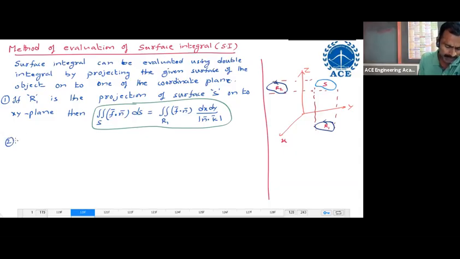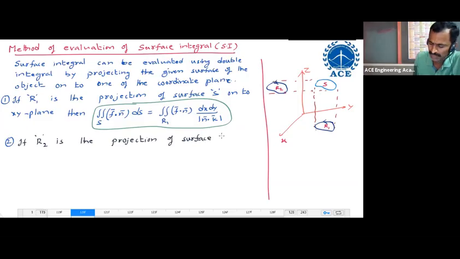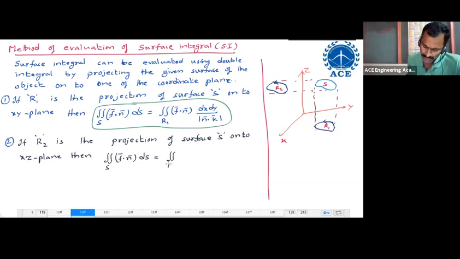Next, second point. If R2 is the projection of surface S onto the xz plane, then double integral over S of f bar dot n bar ds equals double integral over R2 of f bar dot n bar.